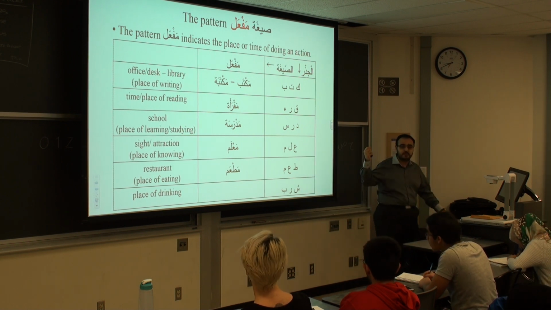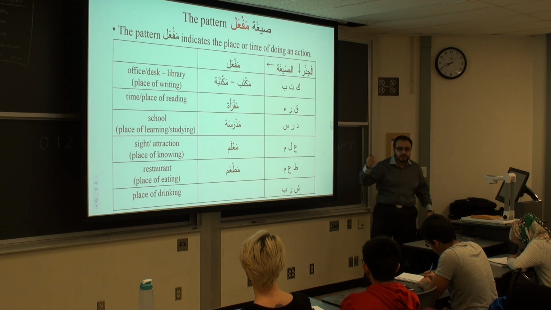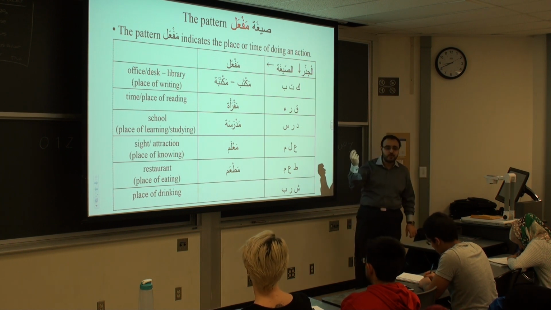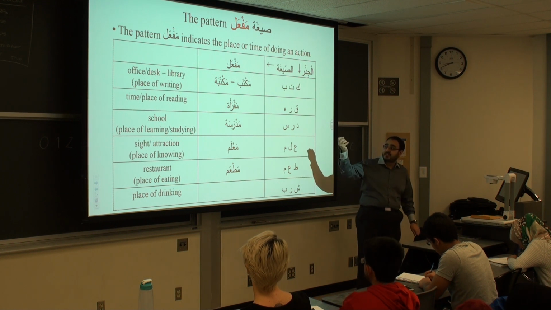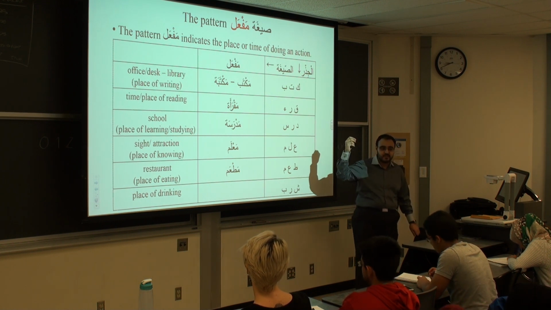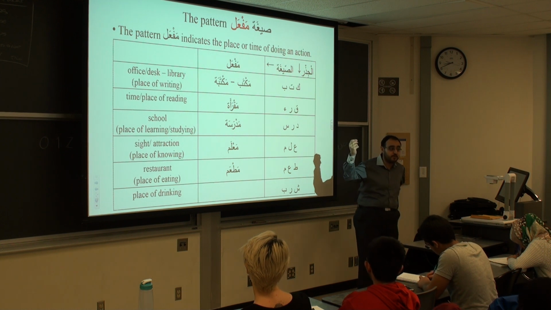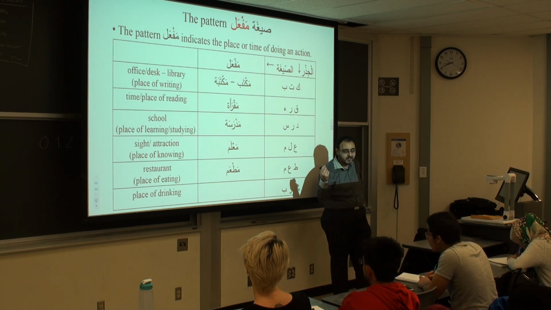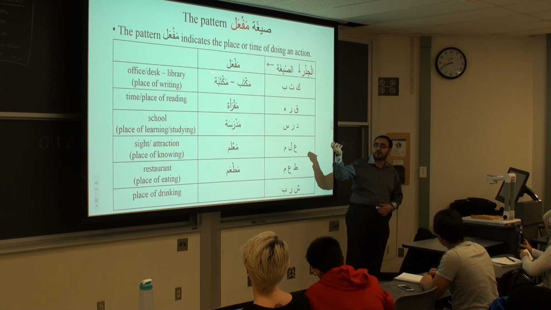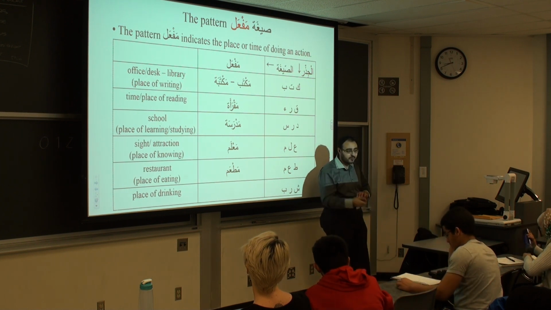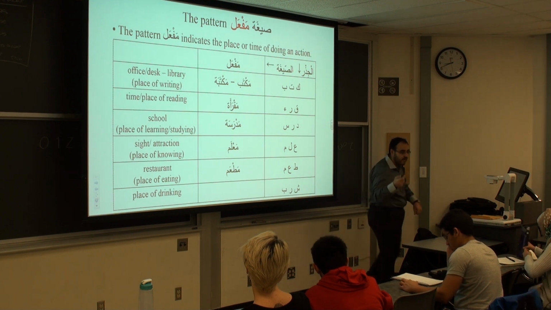This process took place in the library. So the library was more importantly used for writing books rather than for reading them, because writing books was considered more important. So that's why the library, or maktaba, is the place of writing.